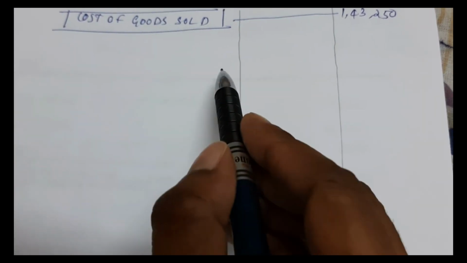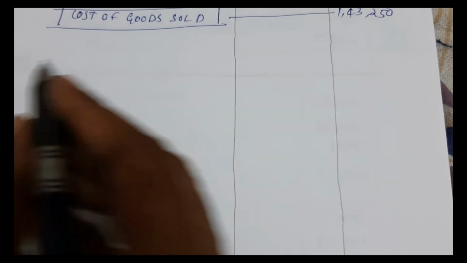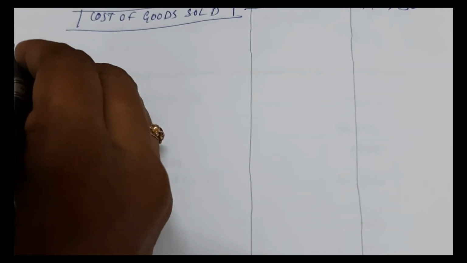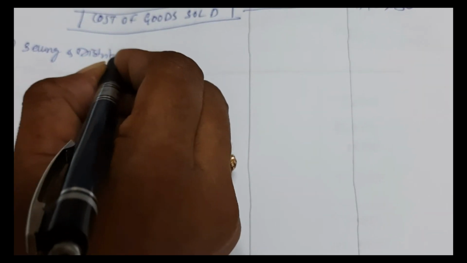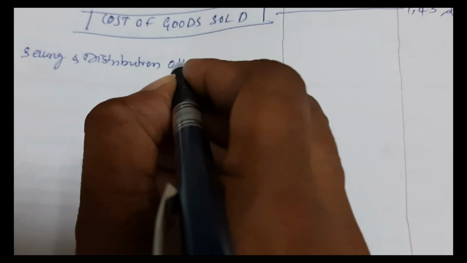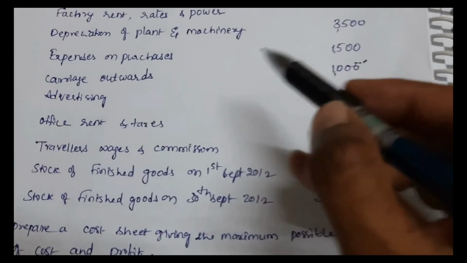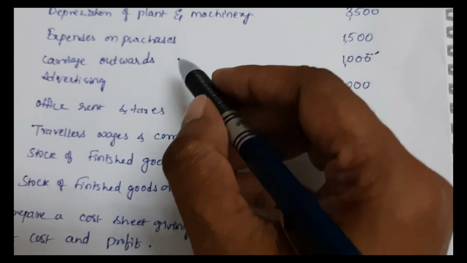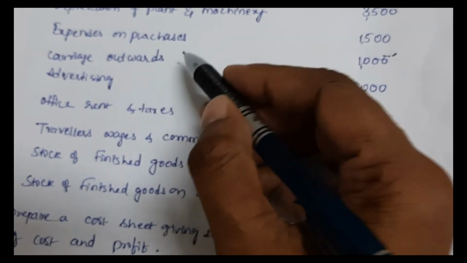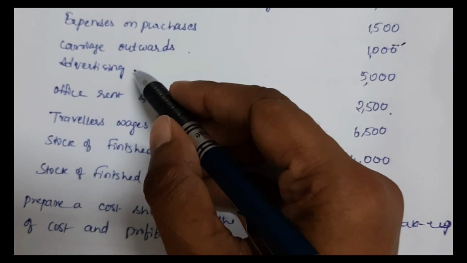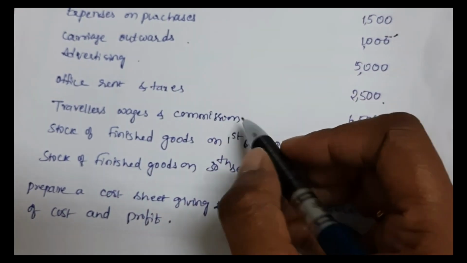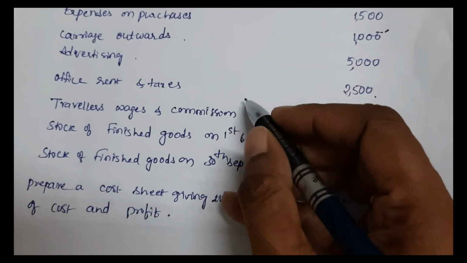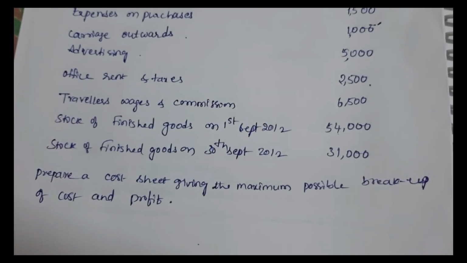After getting cost of goods sold 1,43,250, we should add selling and distribution overheads. There are three items which can be written under selling and distribution overheads. Those are carriage outwards, advertising and travelers' wages and commission.